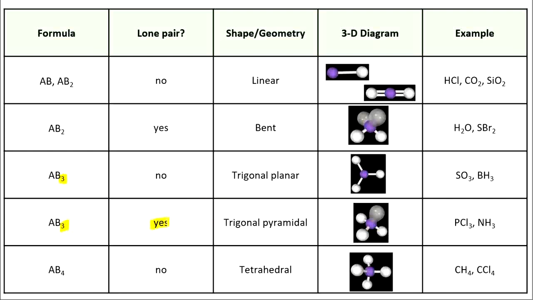Well, the pyramid has a lone pair on its central atom, whereas a trigonal planar does not. Lastly, how do you know that something is a tetrahedral? Well, tetra means 4. In the general formula, you see a 4 as a subscript, which indicates 4 outside atoms, and that is a tetrahedral.